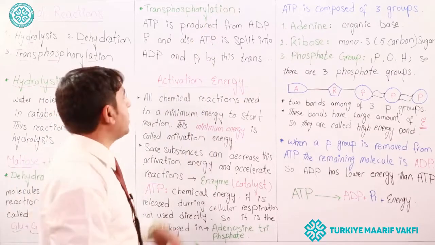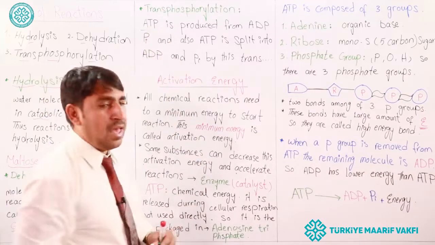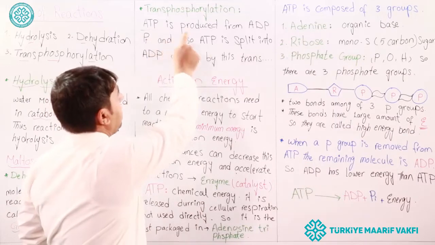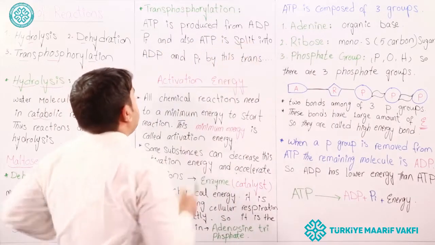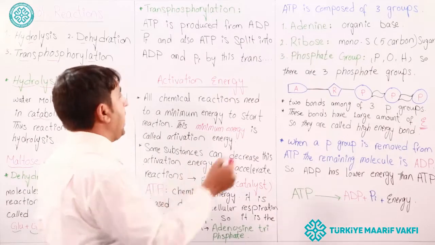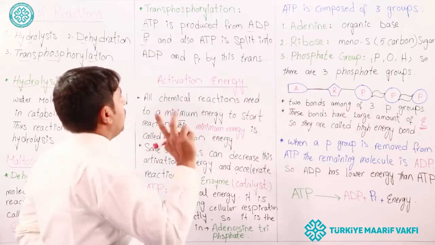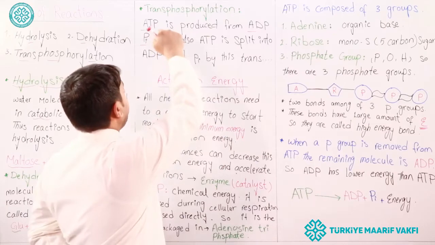What is happening in these reactions? We have ATP here. What is ATP? ATP is a type of chemical energy. ATP is produced from ADP and phosphate. Two components we have in ATP.